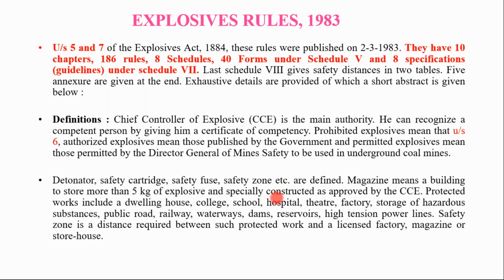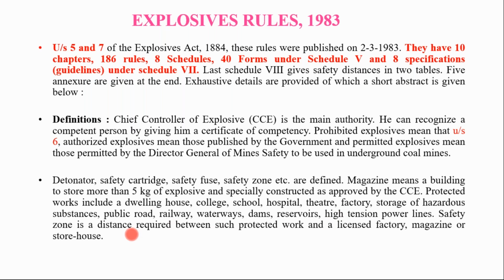Again, it is clearly mentioned that all these things are approved by the CCE only. Protected works include a dwelling house, college, school, hospital, theater, factory, storage of hazardous substances, public road, railway, waterways, dams, reservoirs, high tension power lines, etc. All these should be protected from the explosives defined under this rule.